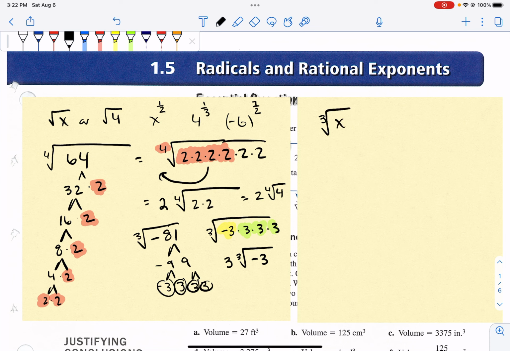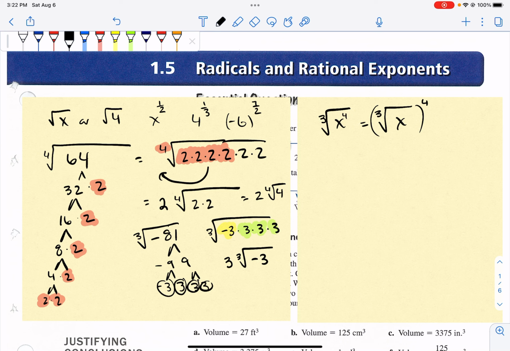Actually, you know what? Let's say the cube root of x to the 4th power. That is the same thing as the cube root of x, and if I put the 4th power on the outside, those two mean the same thing. Just different textbooks use it different ways. It doesn't matter if the 4 is with the x on the inside or if it's on the outside.